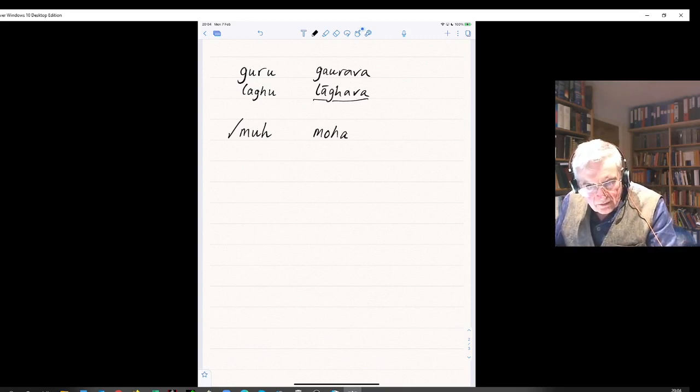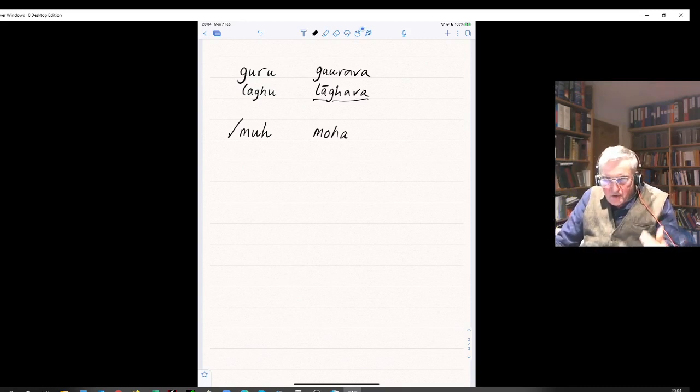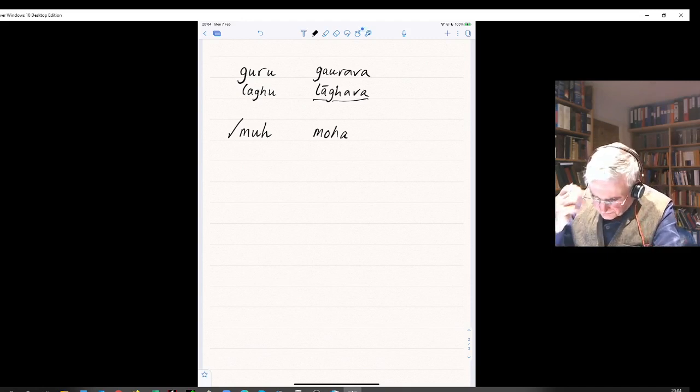We've got, in Pali, lobha, dosa, moha. The lobha, desire, dosa, enmity, moha, delusion. Lobha and moha are the same in Sanskrit and Pali. It's dvesha that becomes dosa in Pali. So moha is just delusion.